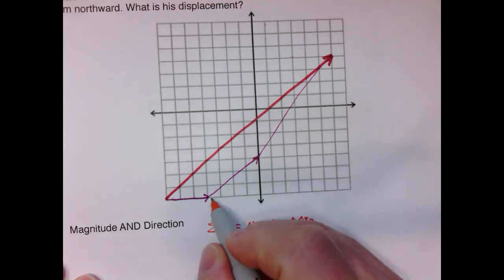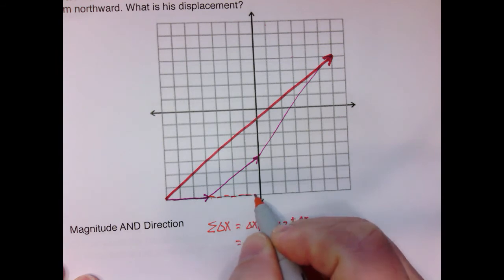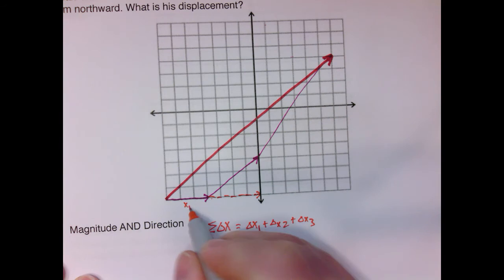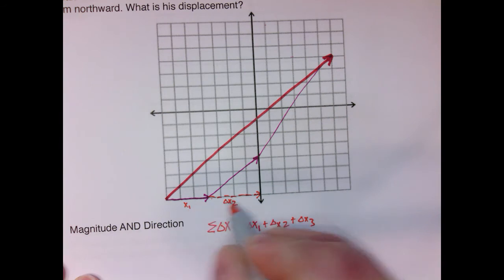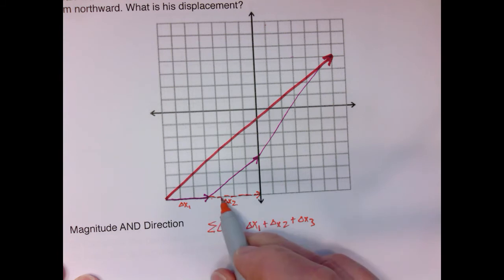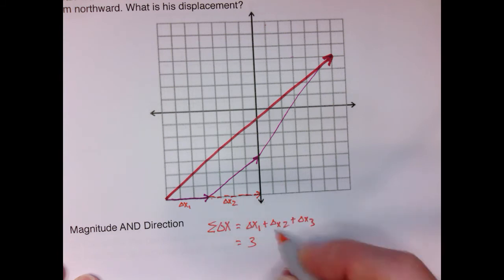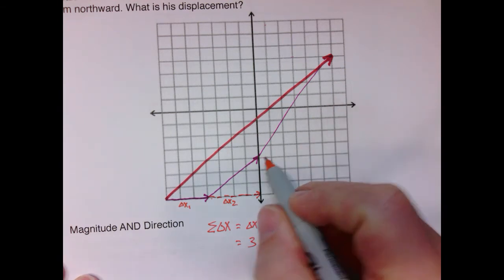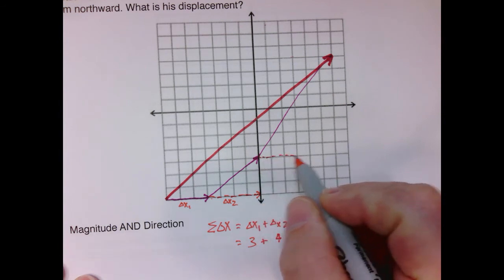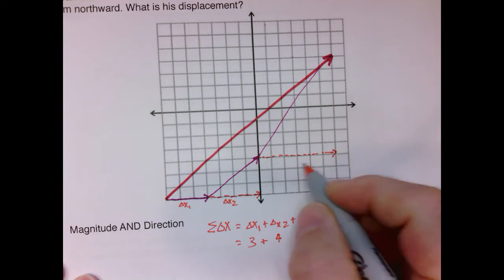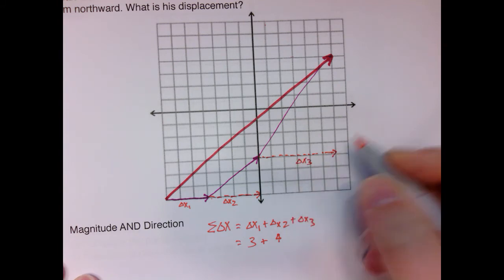Well, this is the x component here, like this. So this is delta x1, delta x2. This is our first displacement in the x direction. This is our second, and you'll notice it's 1, 2, 3, 4. So this is plus 4. And now in this particular case, this last vector, the x component is 6. Delta x3 is 6.